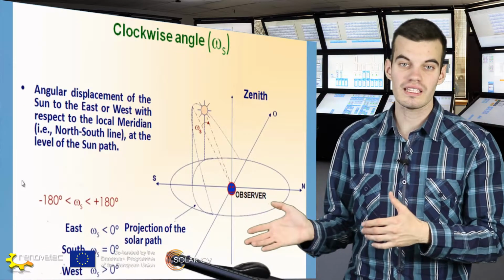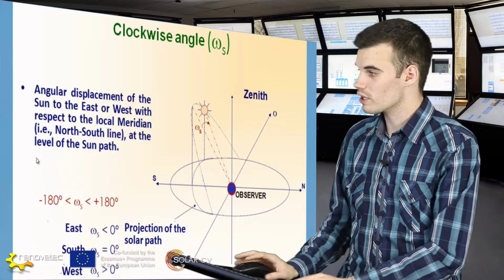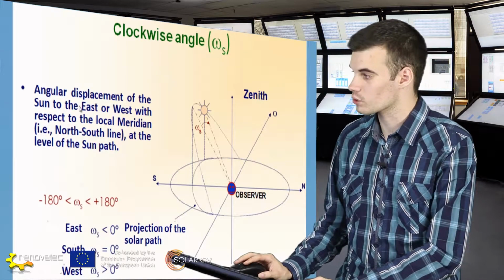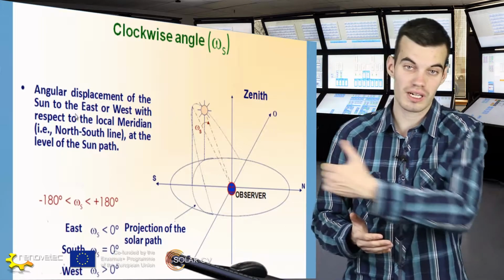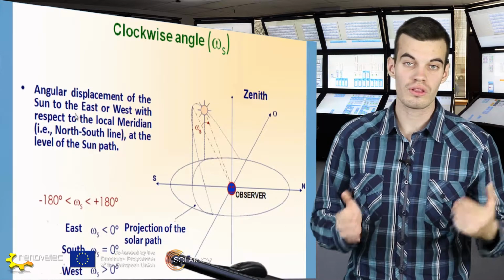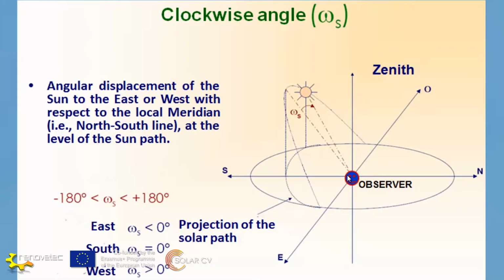Now we must define another angle, and it is clockwise angle. Clockwise angle is the angular distance of the sun to the east-west with respect to the local meridian. In our case, the local meridian is the north-south line. We are here, the observer, and here is the sun. This is the vector between the observer and the sun. This is the local meridian, and this is the sun's path.